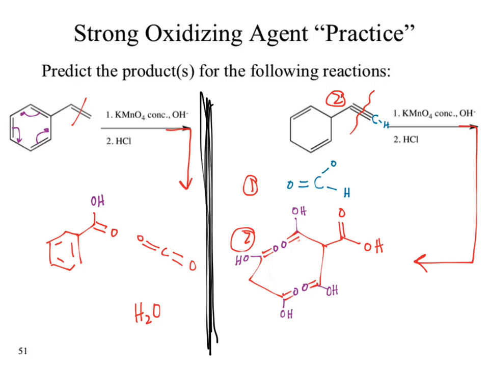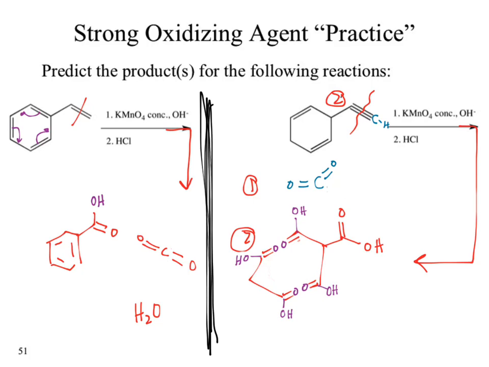Well, what can I do with the H? That could be turned into an OH, but then what I have formed is carbonic acid, and carbonic acid immediately turns into CO2 and water. There's where my oxygens are coming from. Just like with the alkene, every bond of the alkene was turned into a bond to oxygen.